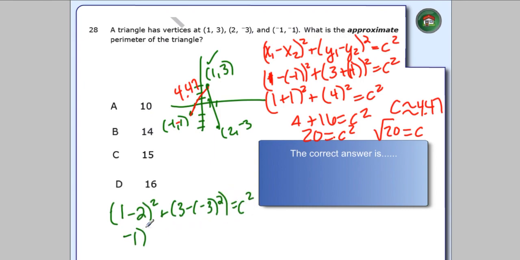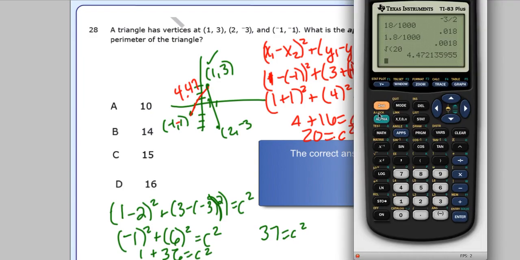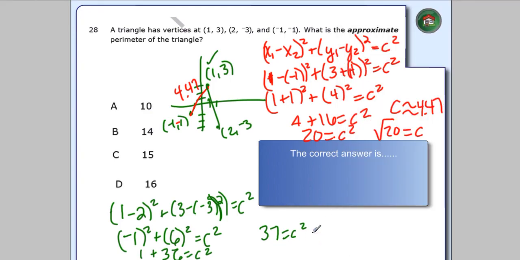So this is -1 squared plus 3 plus 3, because that's negative there, would be 6 squared equals c squared. That would be 1 plus 36 equals c squared, which would be 37 equals c squared. Square root of 37 is 6.08.